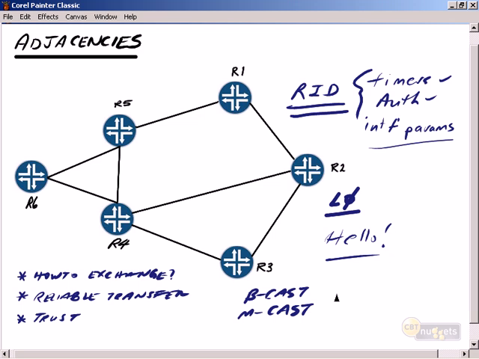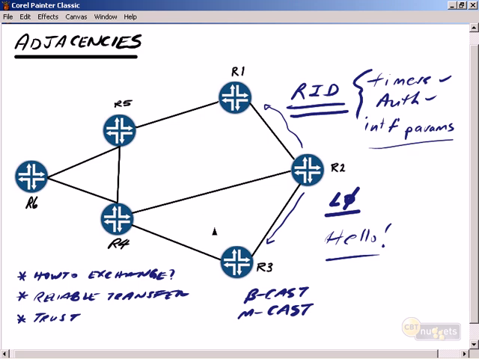Now, it's also important, another rule is if R2 sends a hello message to R1 and R2 sends a hello message to R3, it's very important that no hello message is ever forwarded beyond that direct link. So R1 is not going to forward R2's hello message, and R3 is not going to forward R2's hello message. Basically, the handshake was just for them.